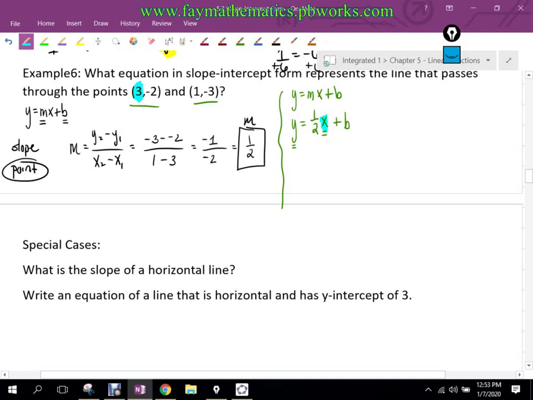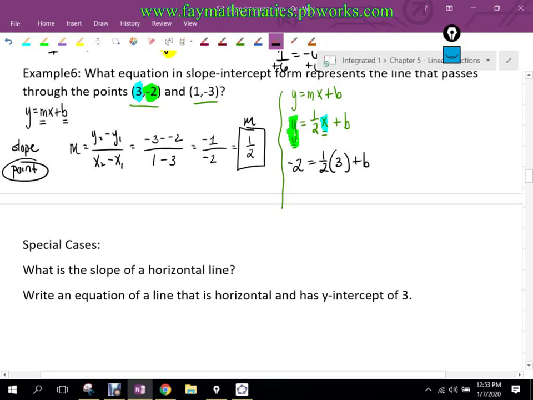So if we use this ordered pair to help create the equation, that's going to be my x, and then I'm going to take this -2, and that's going to become my y right here. Does that make sense? So I'm just going to replace those things. I get -2 is 1/2, x is 3, and then plus b.